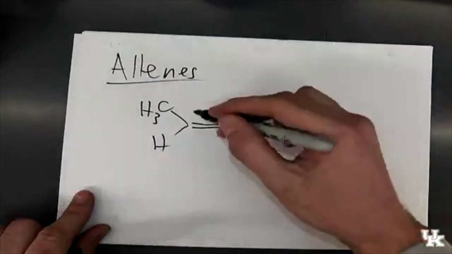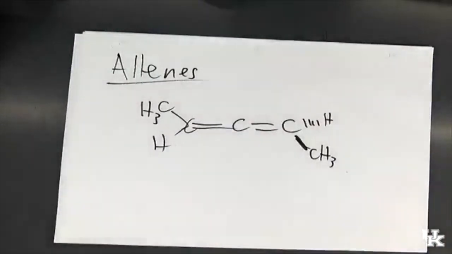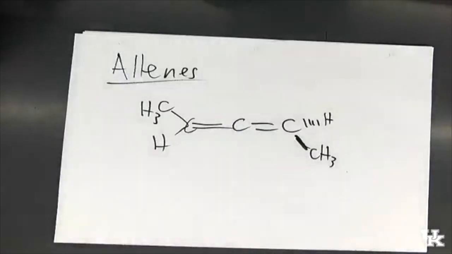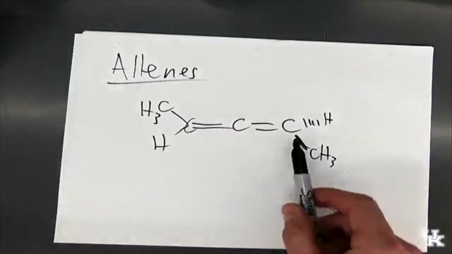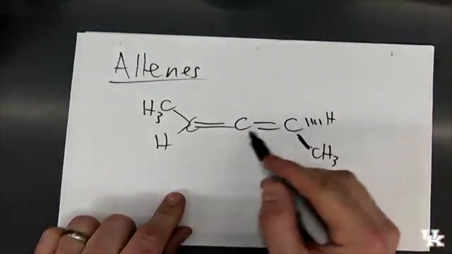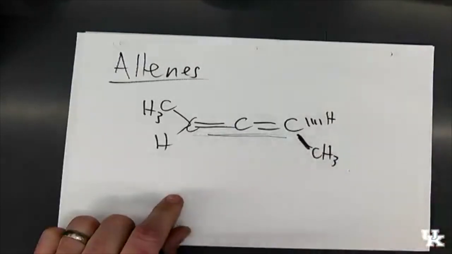I've drawn it this way for a very specific reason. This carbon, its substituents are like this. But the other one, its substituents are like this. They are physically locked because of the way that these 3 carbons are locked.